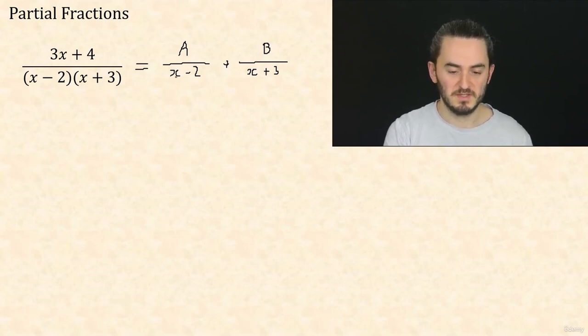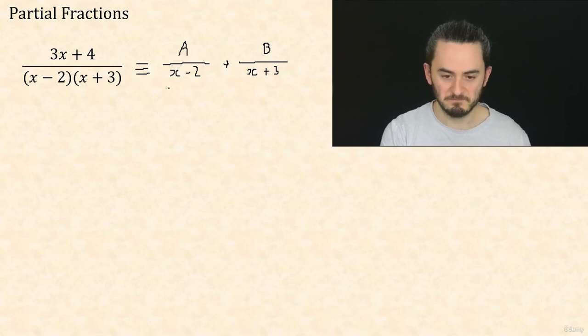So how do we do this? Let me be more precise. It's not actually an equals I want here, it's an identity, which means I want to find an expression which is not just true for some value of x, I want it to be true for all values of x. And strictly speaking, when we're looking for something which is true for all values of x, we have a kind of triple equal sign.